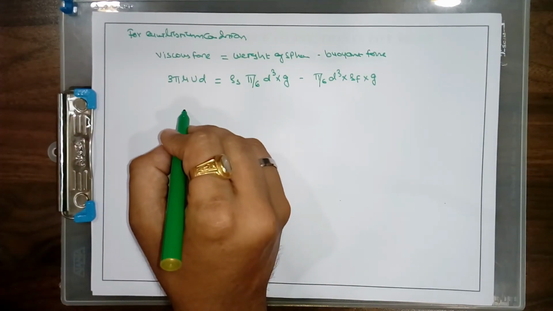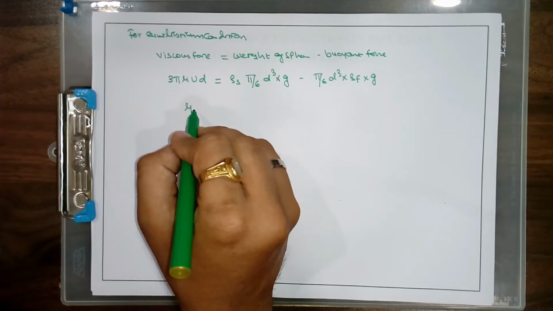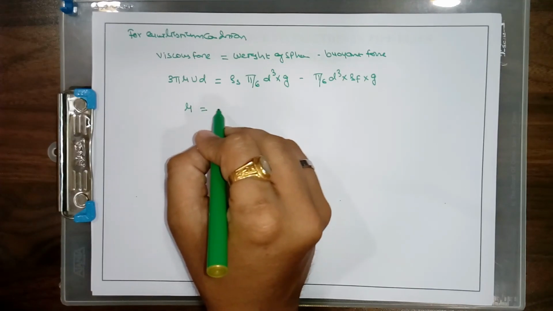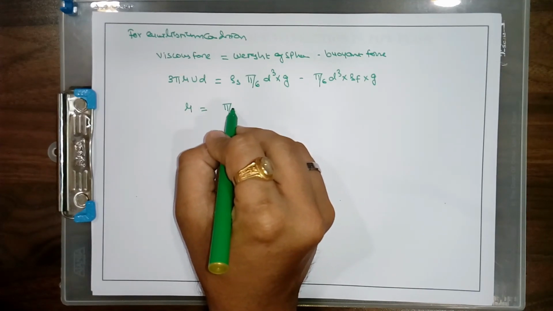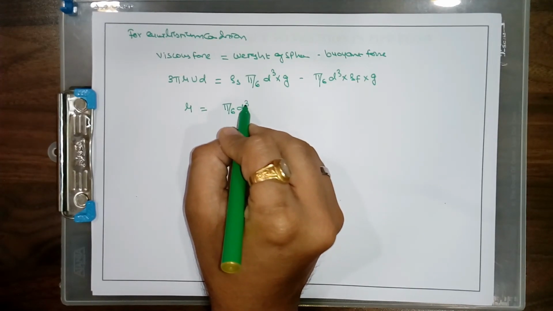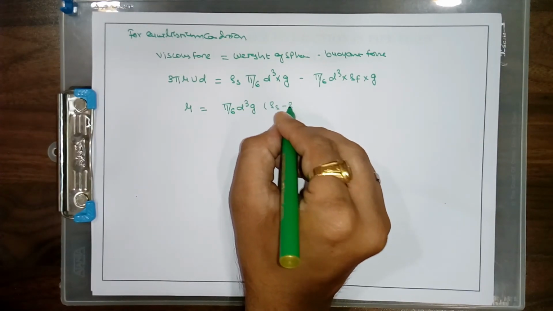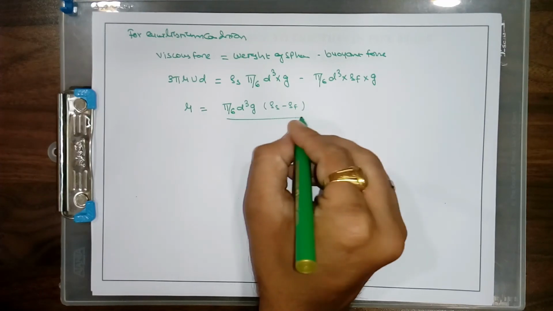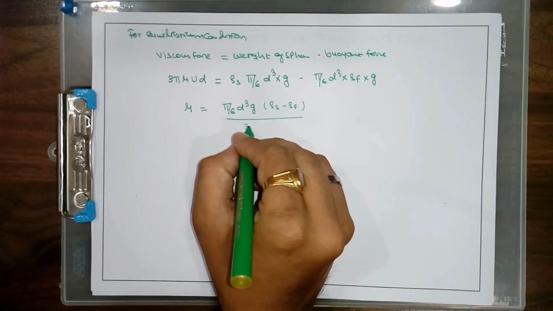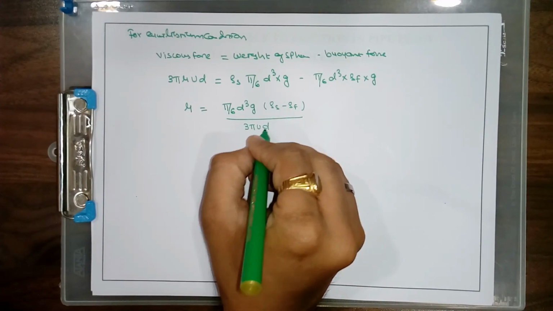Now we make mu the subject of this expression. We get pi by 6 d cubed into g, in brackets rho S minus rho F, divided by 3 pi u d.